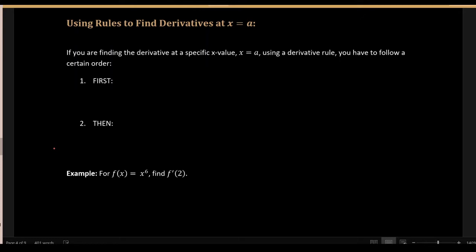The first thing that you have to do is find f prime at a general x value, the function f prime at x, using the derivative rules. Only once that is done is it safe to plug in your given a value.